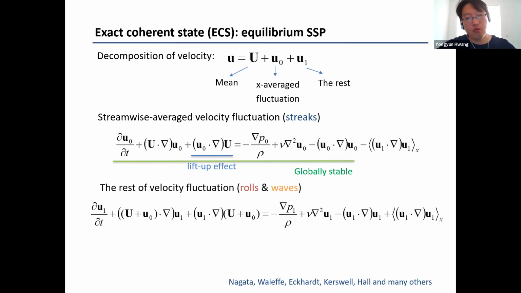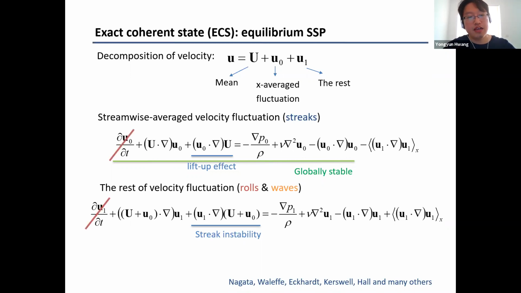That's the equation for rolls and waves, and you see that there is a production term here that is the source of the instability, which you see as waves. So these are the equations, but these dynamics sometimes allow equilibrium states.